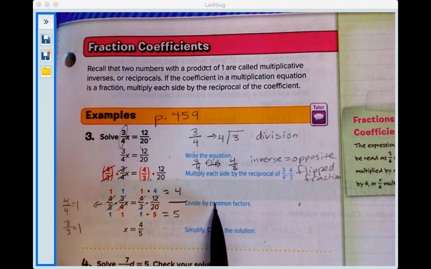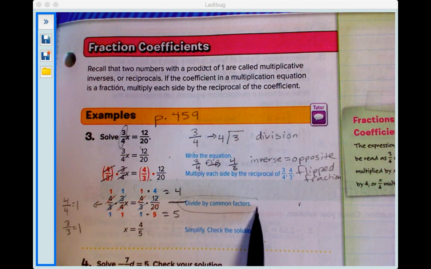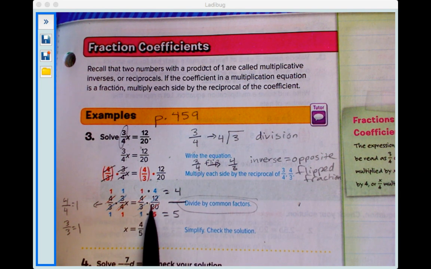Now, if you don't want to divide by common factors at this stage, you can multiply first and then divide.